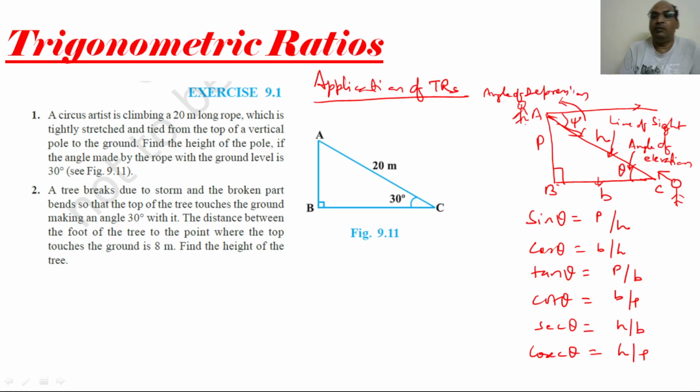Because we are going to utilize these words in the applications of trigonometry, I am telling you that this angle is called the angle of depression when we look towards the ground surface or bottom surface while standing at a higher level. So from a higher level to a lower level, if we see something, then there will be an angle of depression.